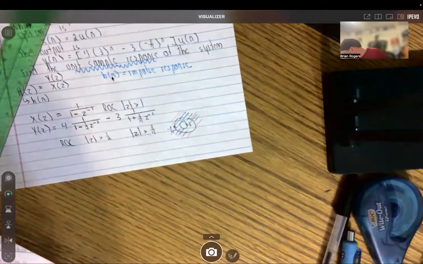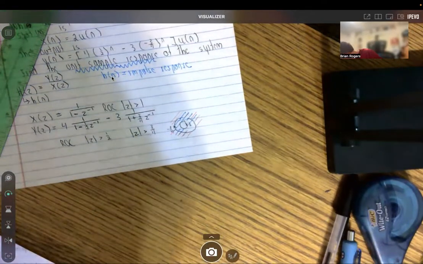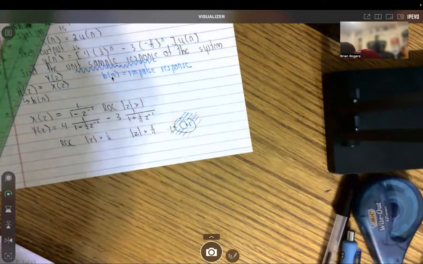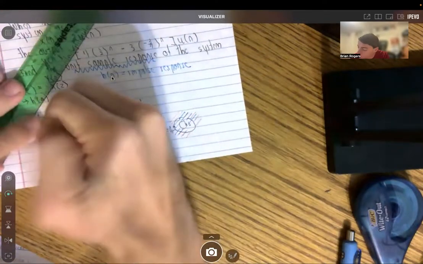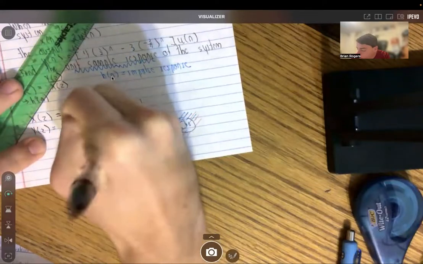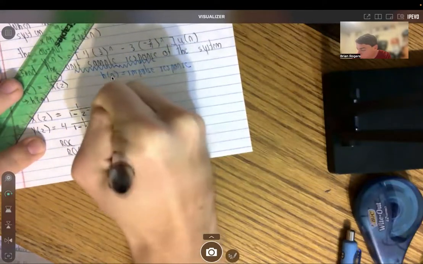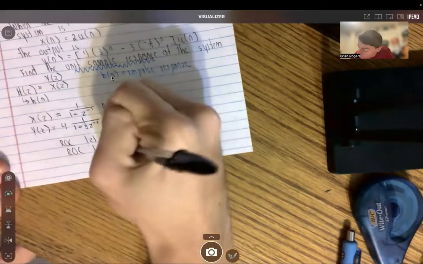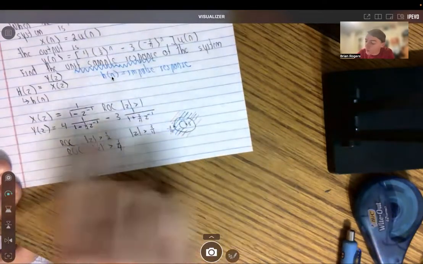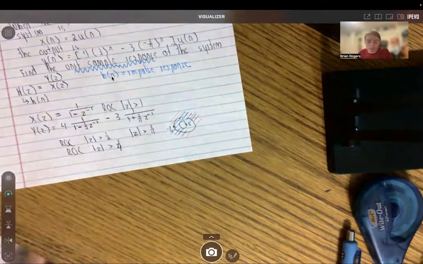So your region of convergence, if you combine the two for your Y of z, is going to be greater than 3/4. That's because you have to look at where the two overlap when you specify for Y of z.